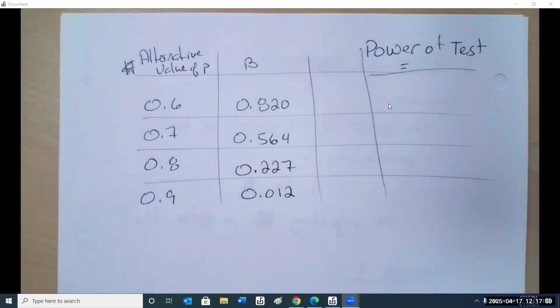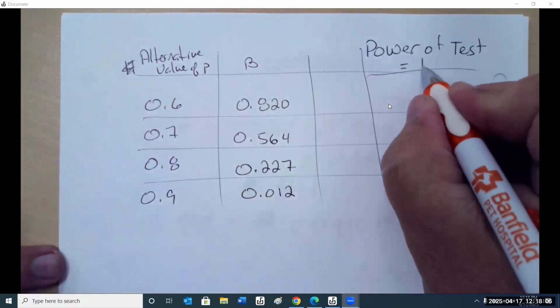So what's the formula for the power? One minus beta.